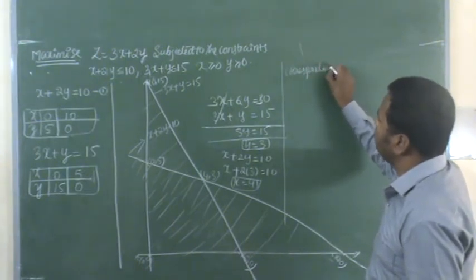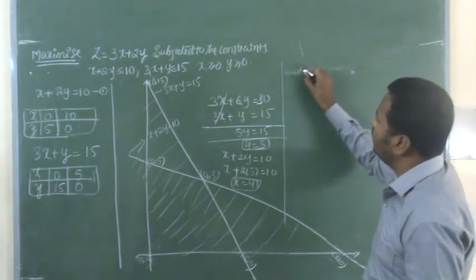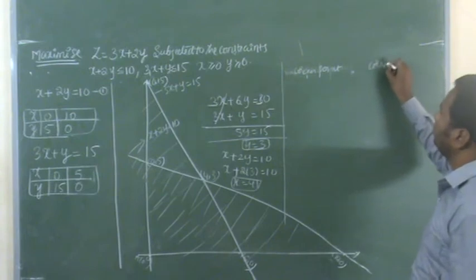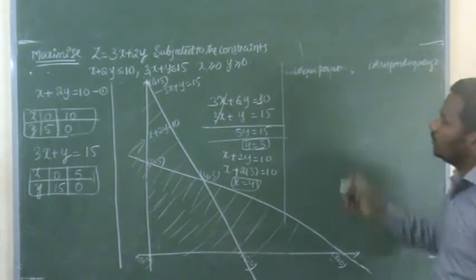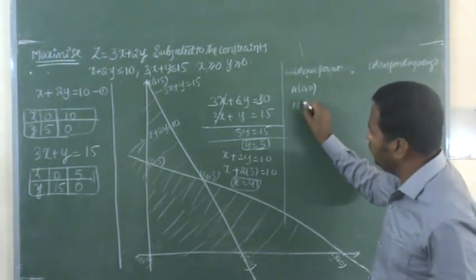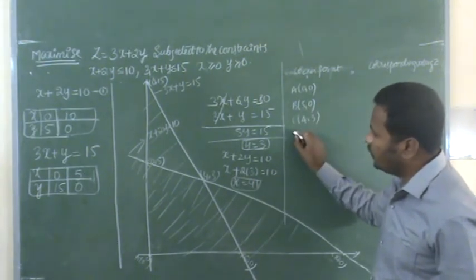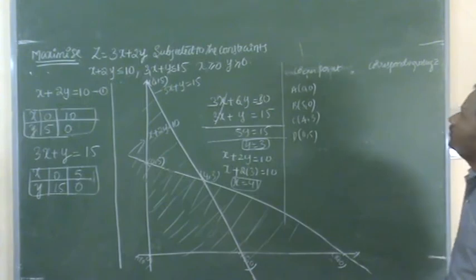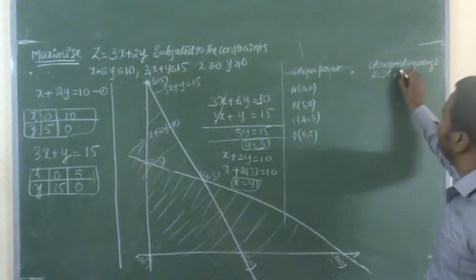Point A is (0, 0), point B is (5, 0), point C is (4, 3), and point D is (0, 5).